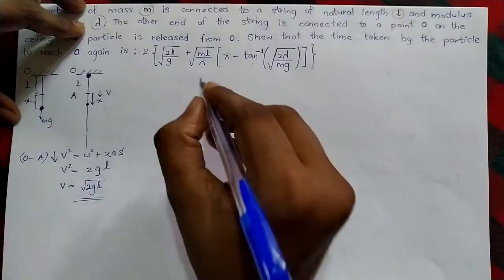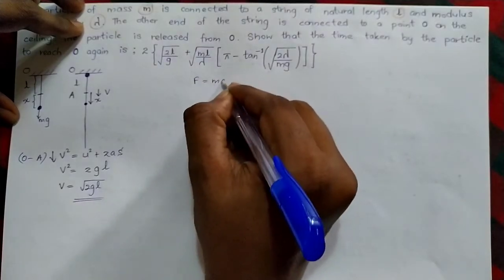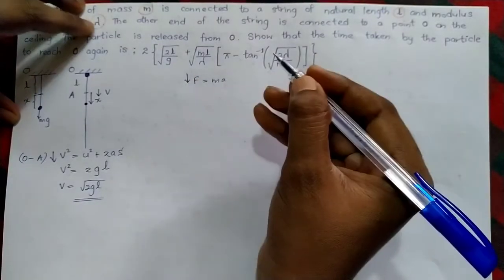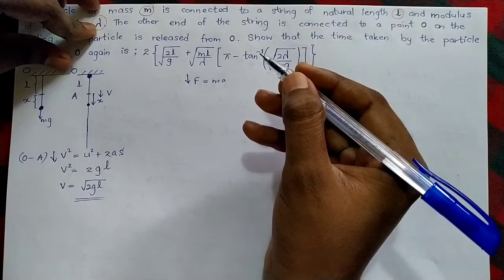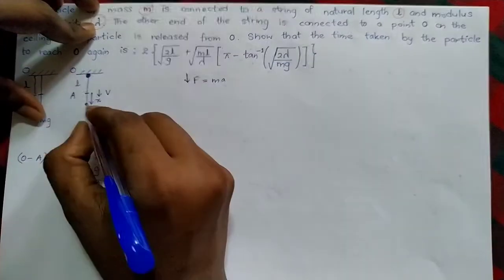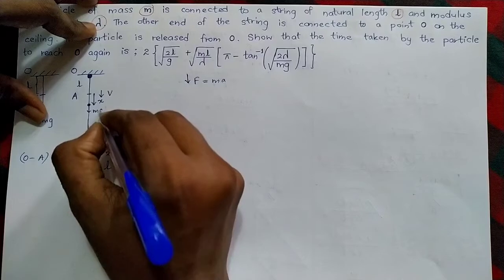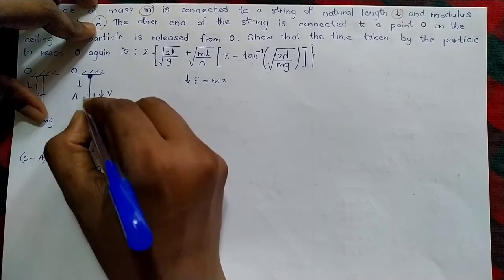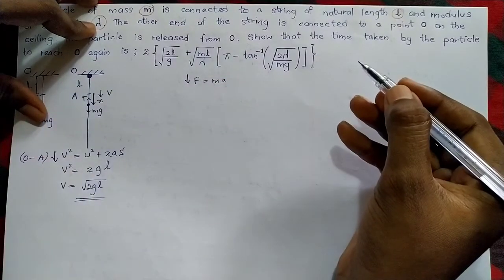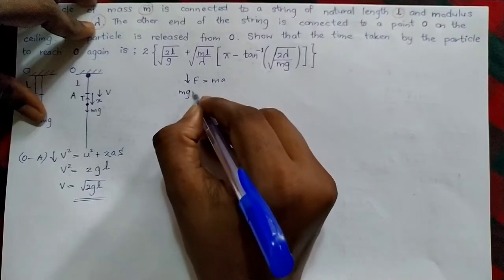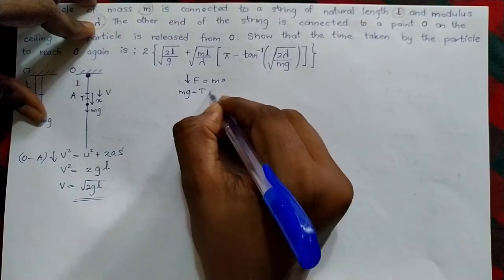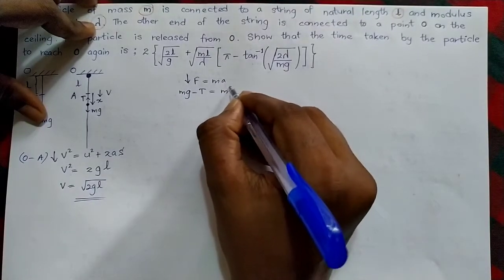Then we can apply F equals ma to this motion downwards. Downward forces, what are they? We have mg and resistive force is T. Then the forces are mg minus T equals m x double dot.